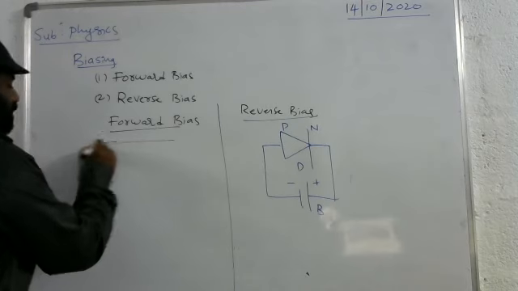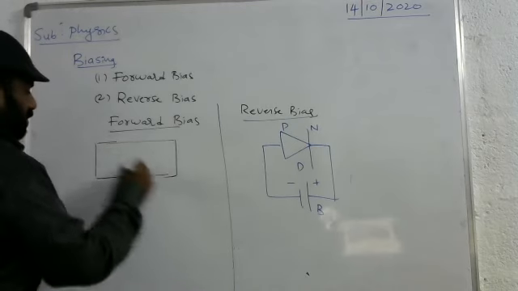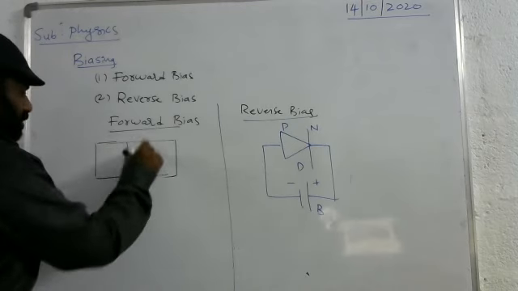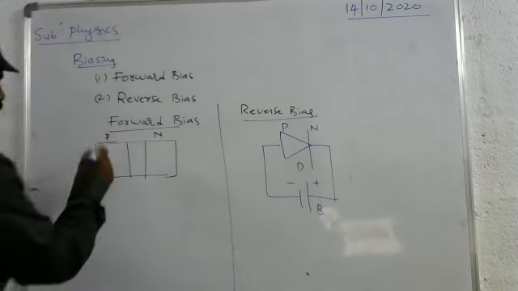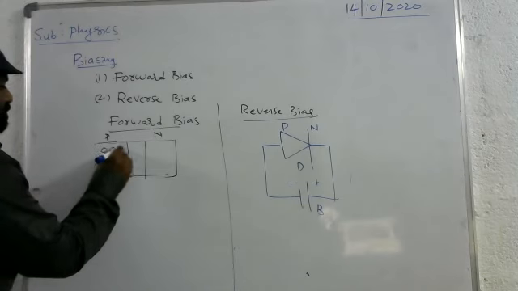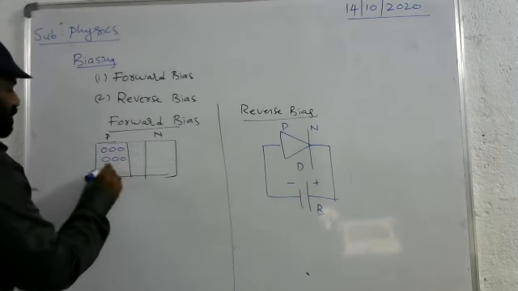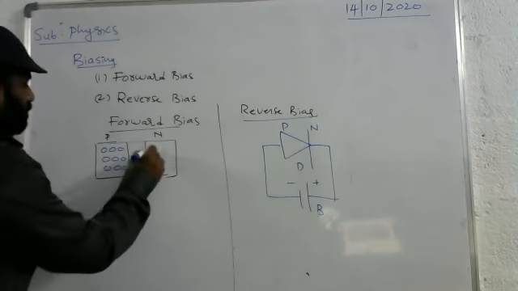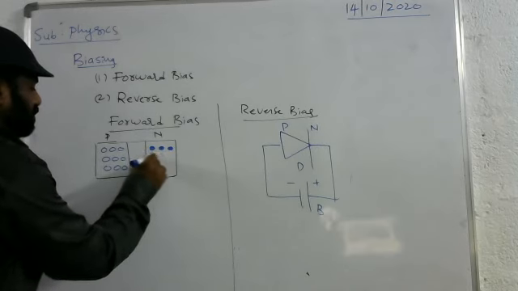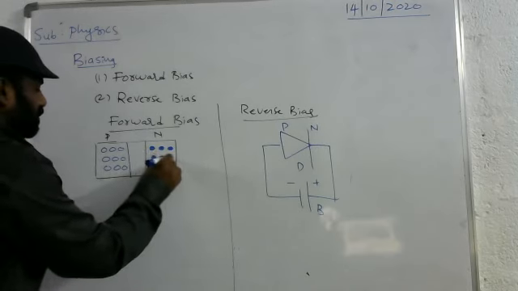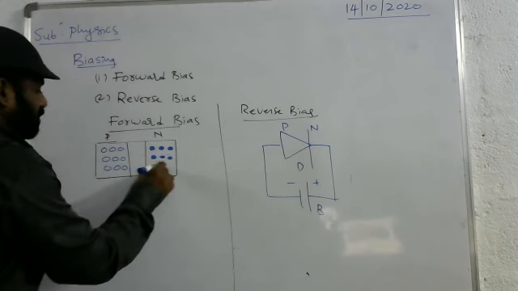Let this be a diode. This is P-type and this is N-type. P-type has holes and N-type has electrons. These are all electrons.